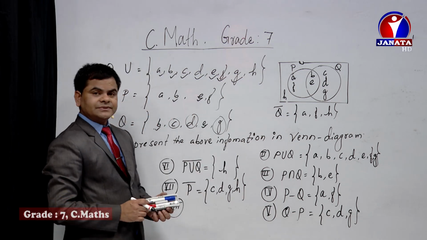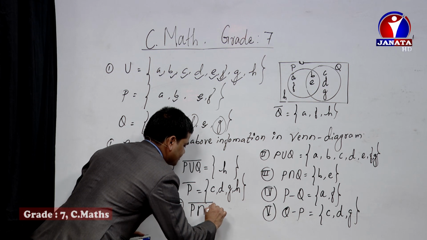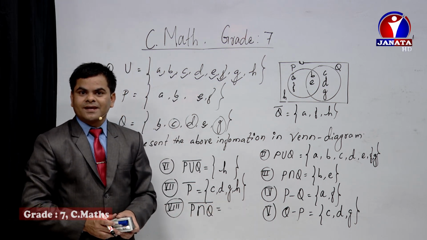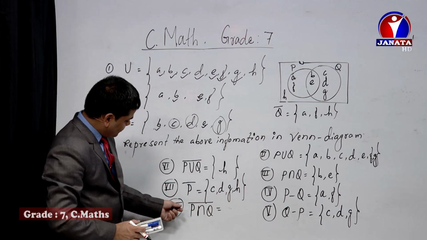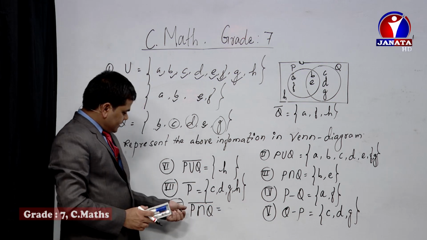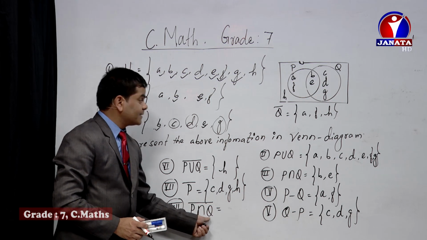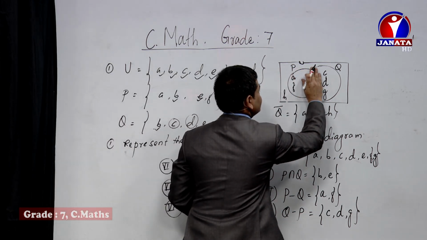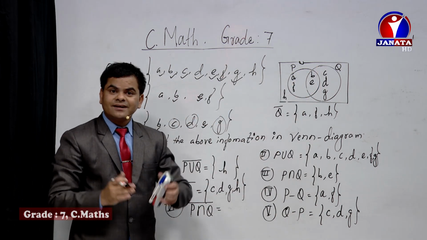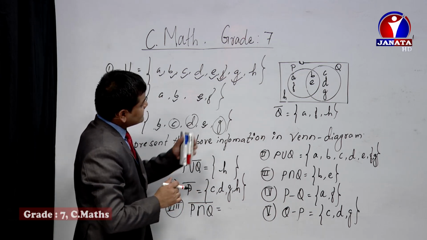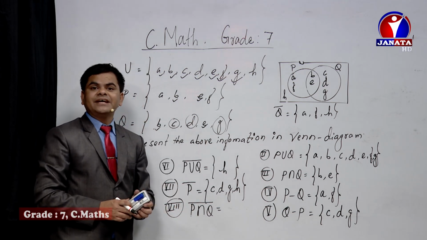Now another one, dear students, let's take P intersection Q complement. If you have to find it out, then what will you do? What do you mean by this? Of course, it represents everything except the elements of the intersected part. We need to hide the intersected part. Then if you hide this part, except B and E, all other remaining elements belong to P intersection Q complement.